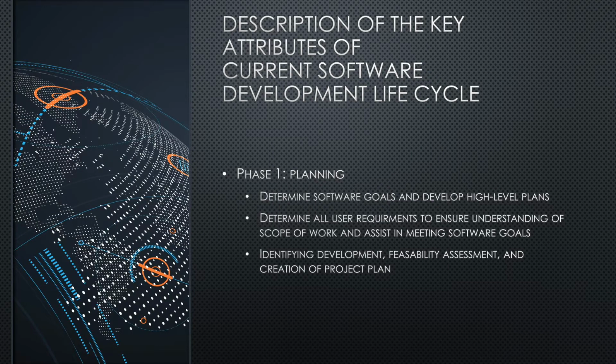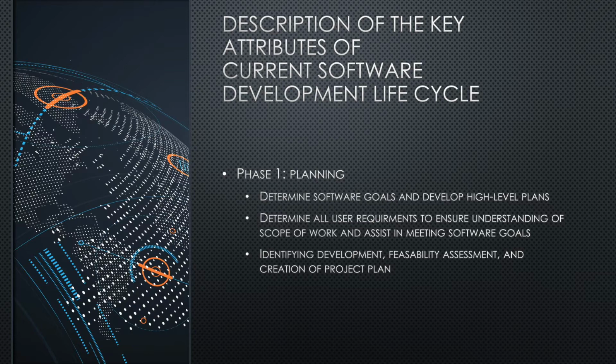The next phase of this presentation is the description of the key attributes of the current software development lifecycle. The software development lifecycle begins with the planning stage. During the planning stage, the team determines software goals and develops high-level plans.